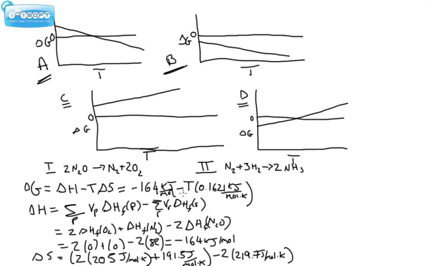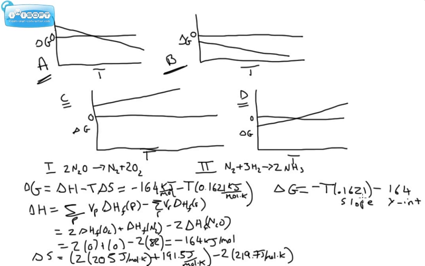Looking at this equation, this is like the equation of a line. We have delta G, which is our y-axis, equal to minus T, which is our x-axis, times 0.1621, so this is our slope, minus 164, and this is our y-intercept.